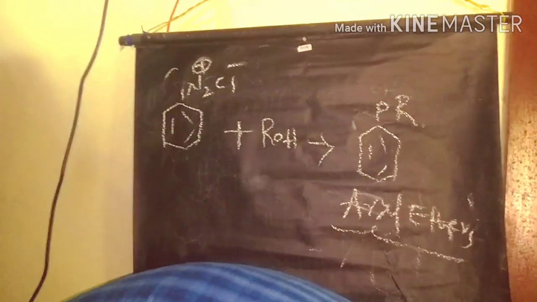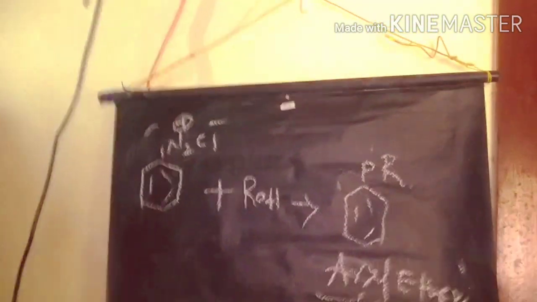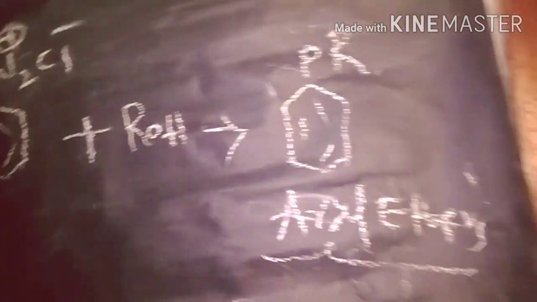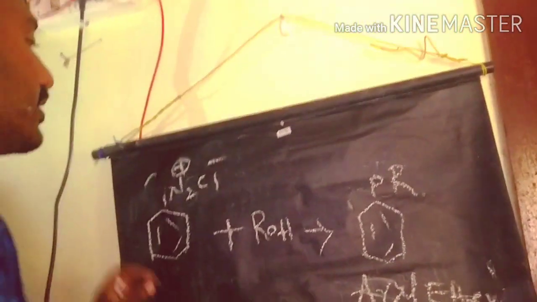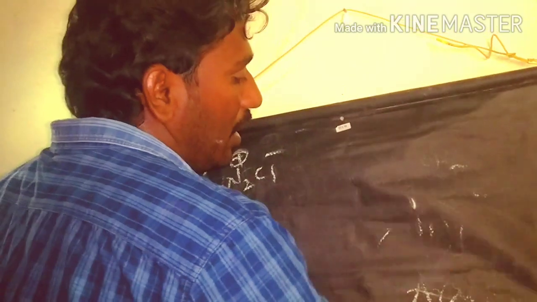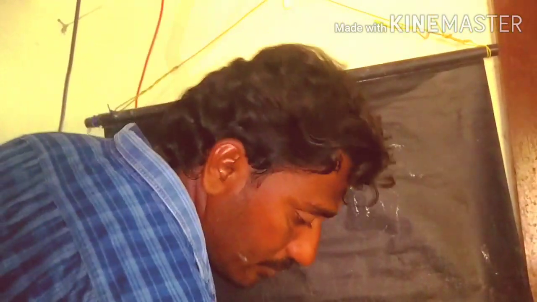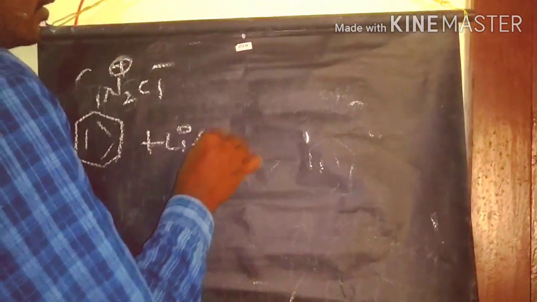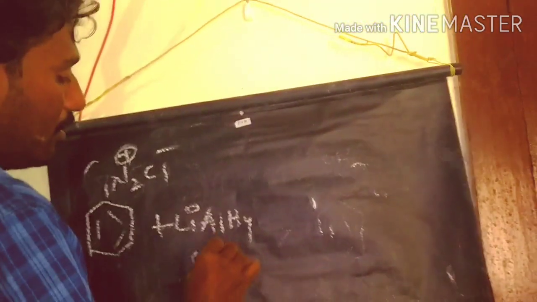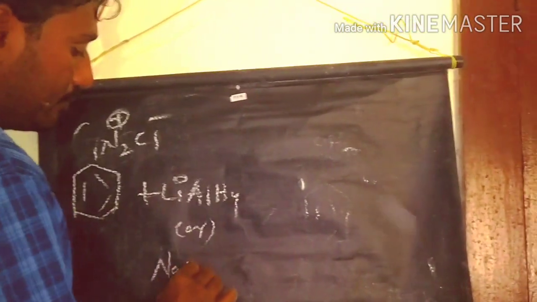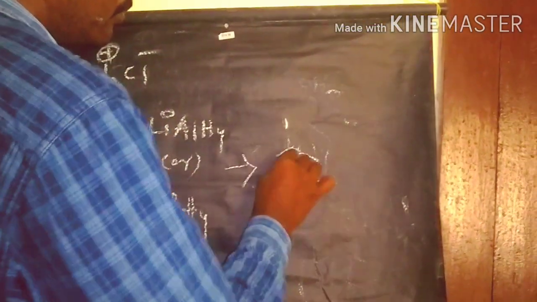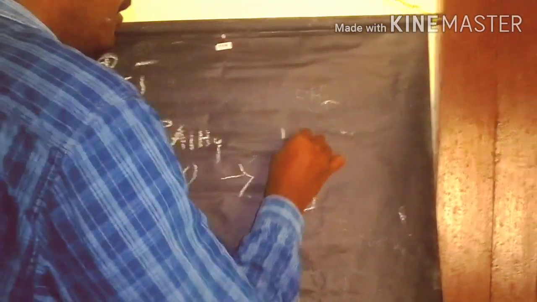Let's see some more reactions of aryl diazonium salts, like reduction reactions and basic reactions. If the aryl diazonium salt reacts with lithium aluminum hydride or sodium borohydride, hydrogen substitutes on the ring, and we get benzene.